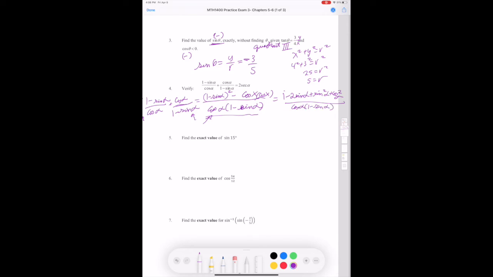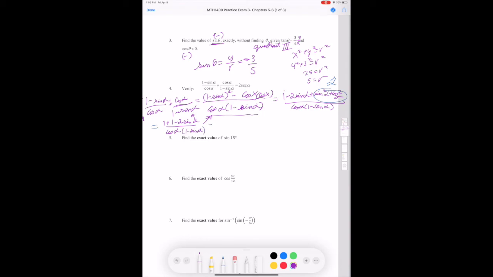Friendly reminder that sine squared alpha plus cosine squared alpha is 1. So we're going to substitute. So I have 1 plus 1 minus 2 sine alpha over cosine alpha times 1 minus sine alpha.